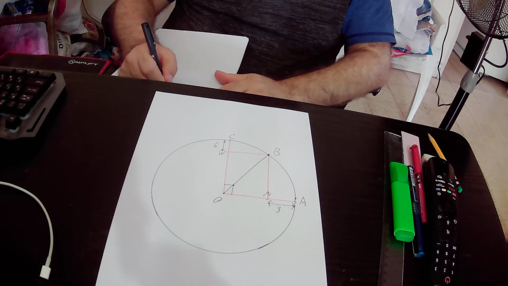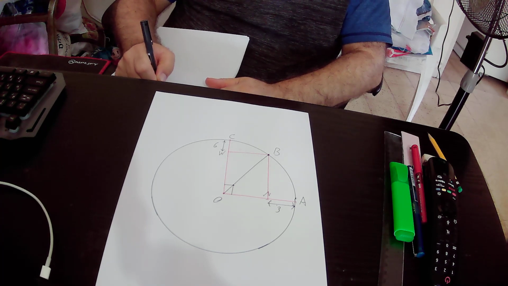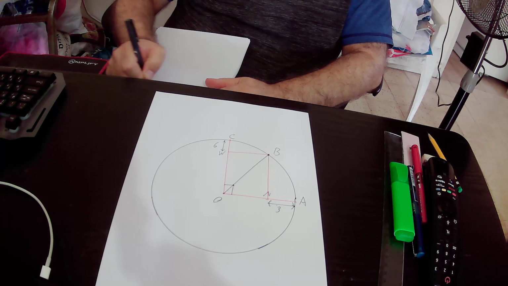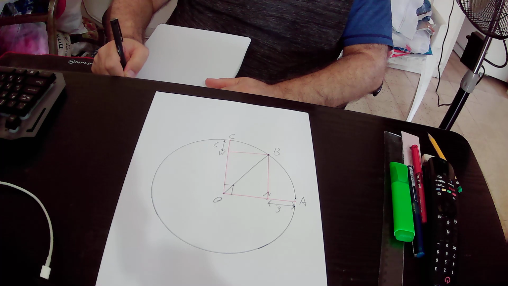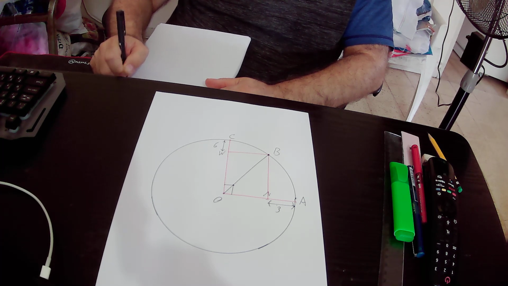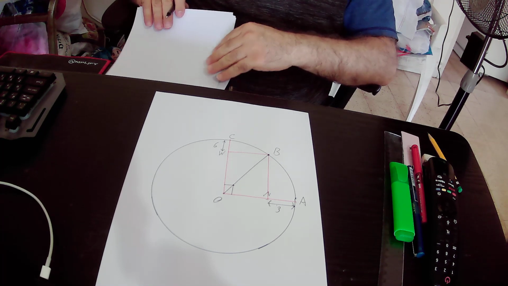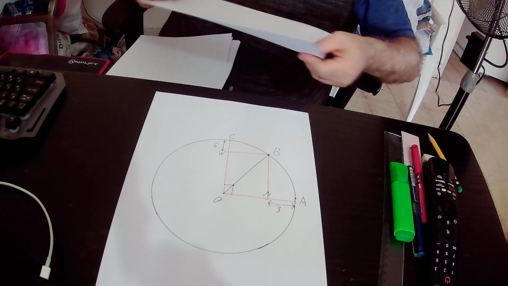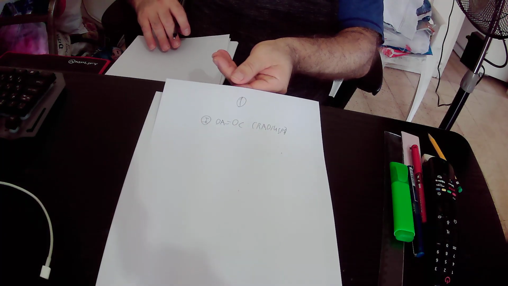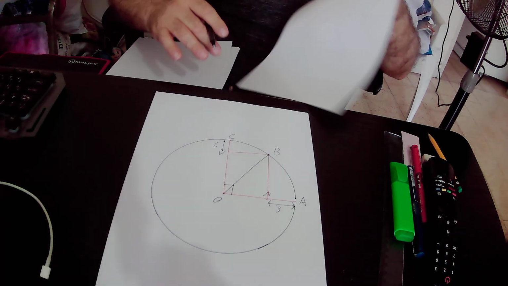Both of them are radiuses of this circle. So our first equation is that OA equals OC.